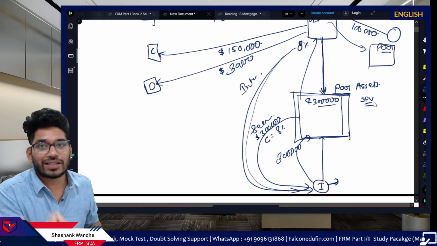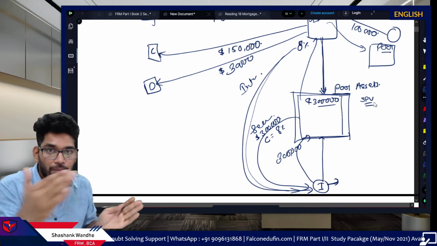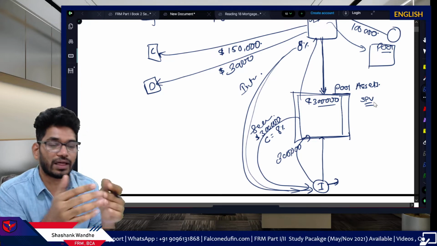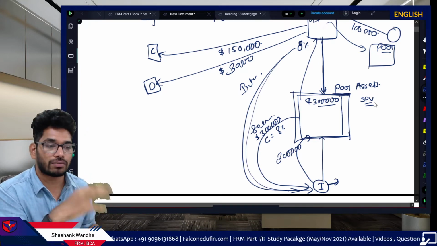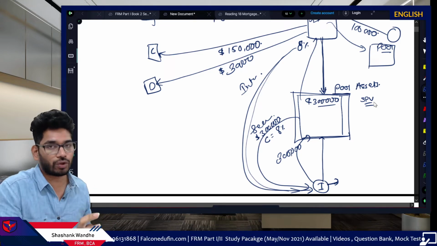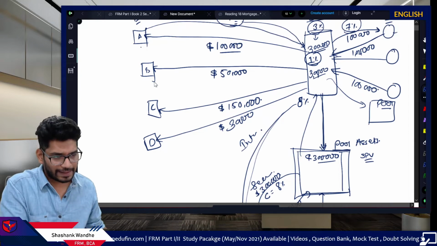Why? Because if this matter goes into court, judges will merge these entities and say, no, these are not actual transfers, this is one and the same entity. And then if one of these entities defaults, both will default, right? So this is the basic securitization structure.